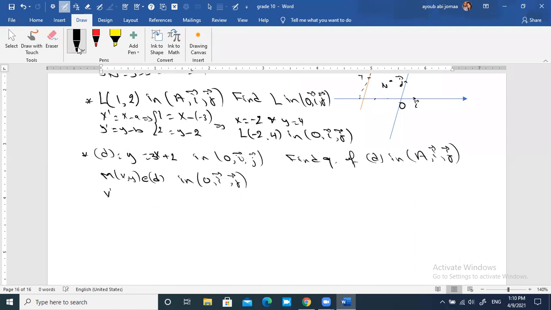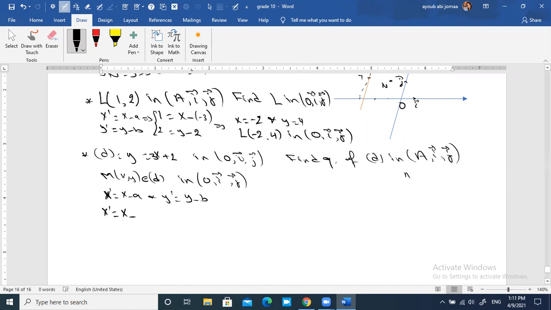X prime is equal to x minus a, and y prime is equal to y minus b.